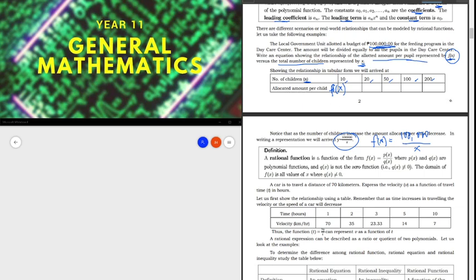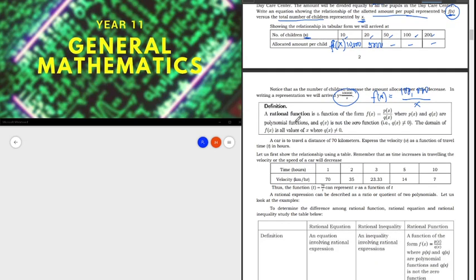If we use 10, 100,000 divided by 10, the allocation for each child is 10,000. If it is 20, what do you think? That is 5,000. Then you solve it on your own to know the allocated amount per child if it is 50, 100, and 200. It's your turn.